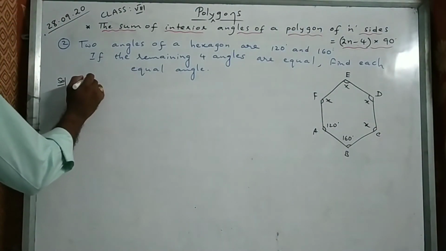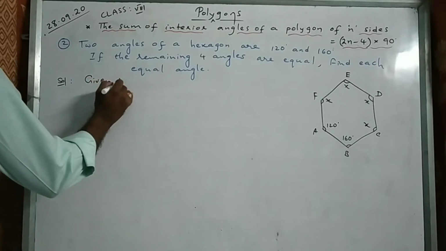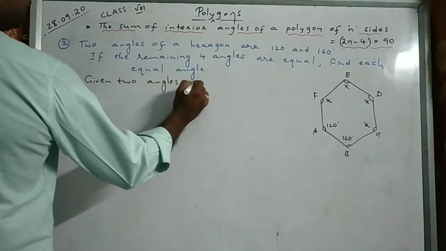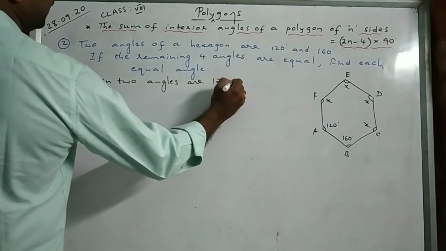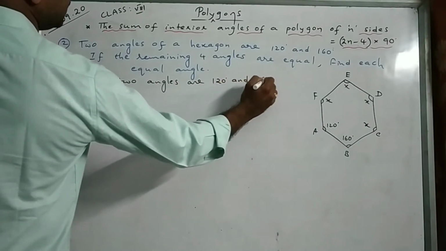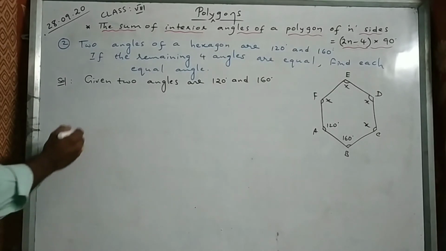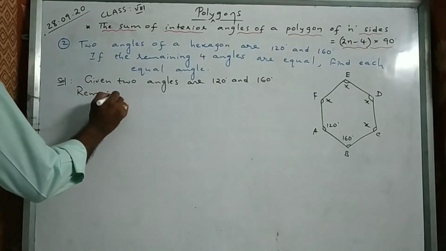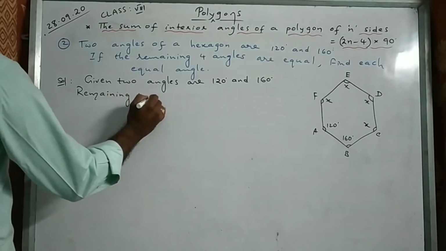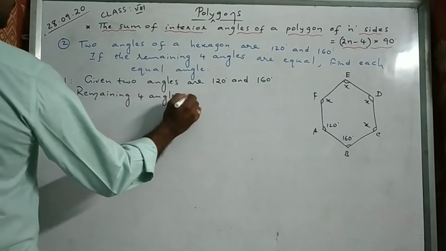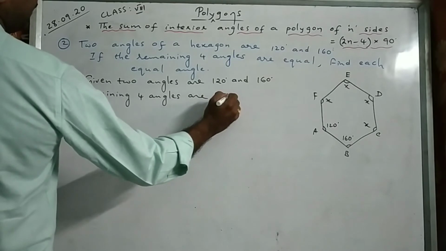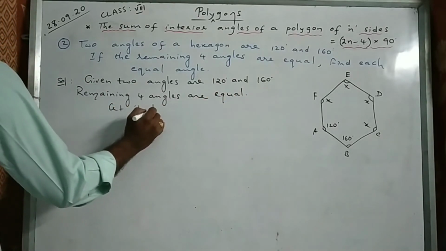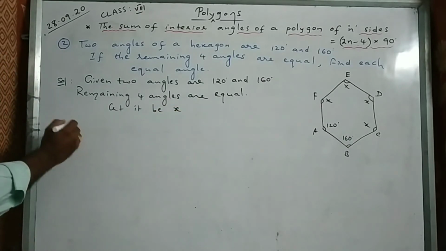Given 2 angles are 120 and 160. Remaining 4 angles are equal. Let it be x.